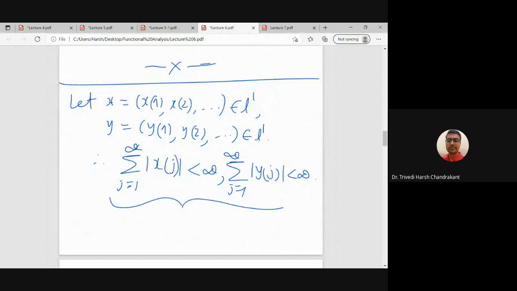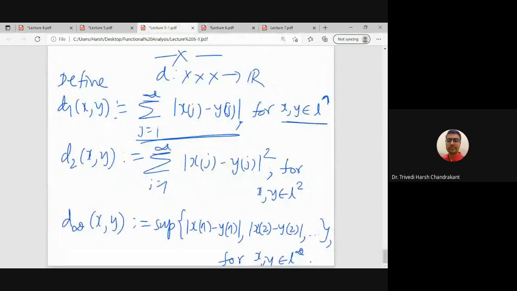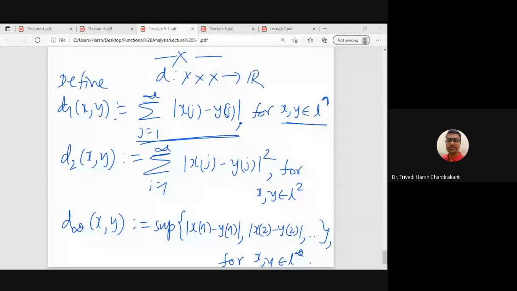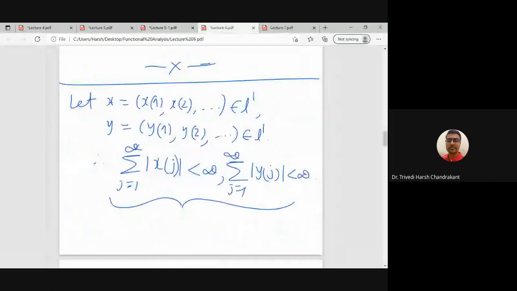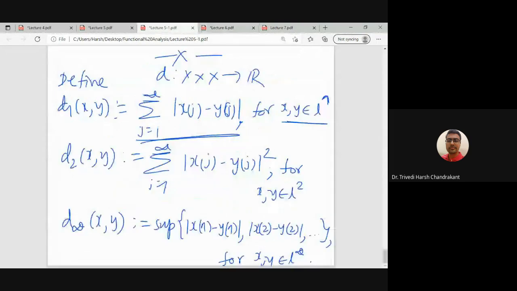So if you want to use this and show that this is convergent, how will we show that? Any idea? We know that summation modulus xj is convergent, summation modulus yj is convergent, and we want to show that summation modulus xj minus yj is convergent.